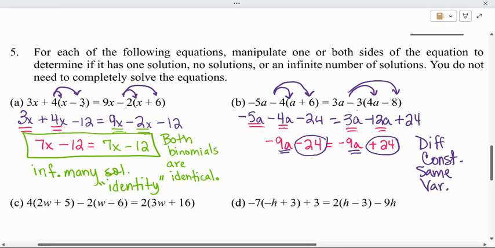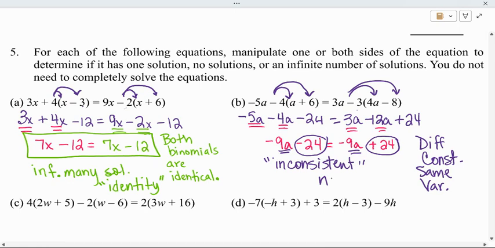Different constant, same variable, Lissandra. Inconsistent. Awesome. I love it that you use that word, inconsistent. And what does that mean in terms of our solution? If it's inconsistent, do we have a solution? No, no solution. Perfect. You guys are awesome.